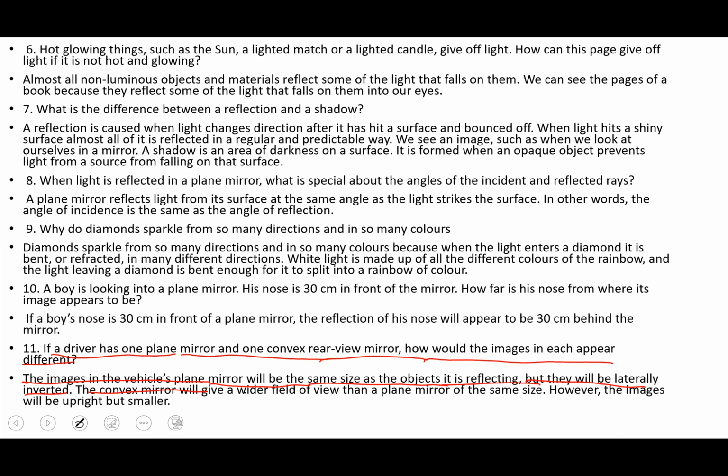The convex mirror will give a wider field of view than a plane mirror of the same size. However, the images will be upright but smaller in size. That means the convex mirror image is upright but smaller, but the concave mirror image is larger but upside down.